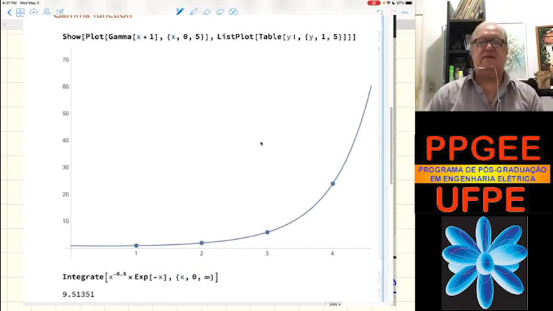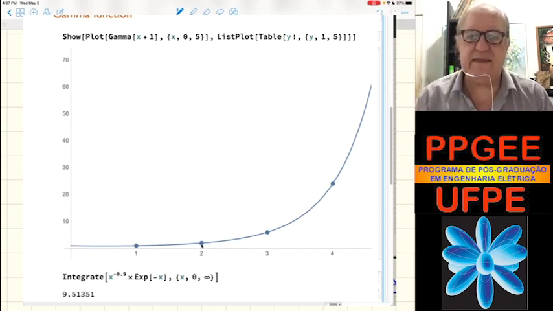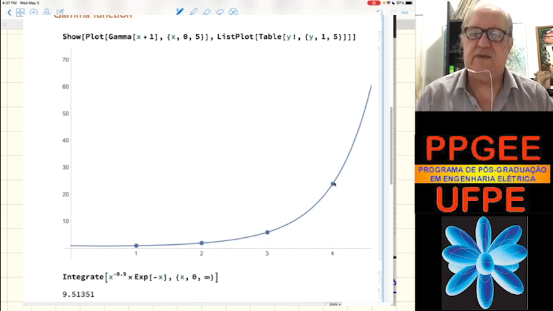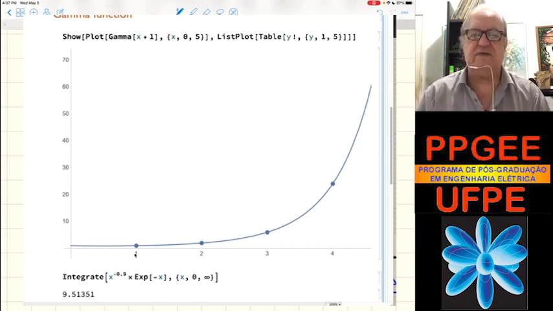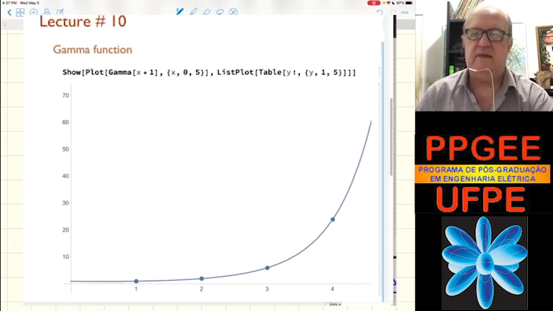There's a plot of it, okay? You see that for integer values, the gamma function, which is the curve, is the curve that passes on the points which are the corresponding factorial values for integer values. So the gamma function is nothing less than a fitting function in between the points. Okay? So that's what we have for our gamma function here.